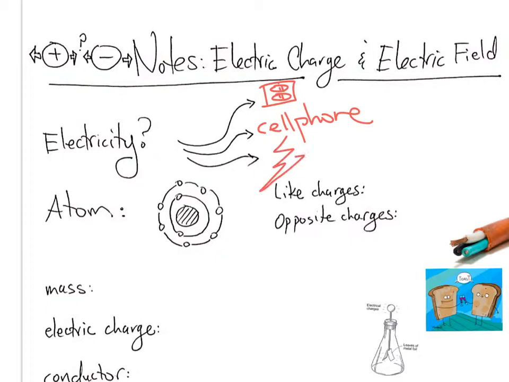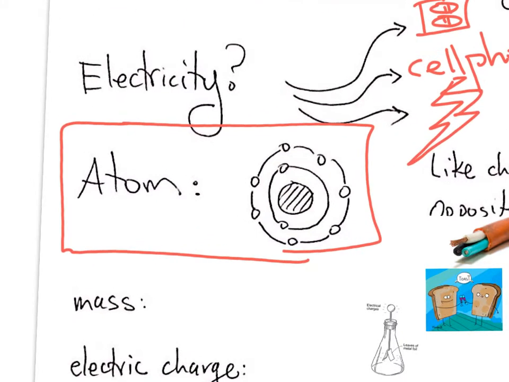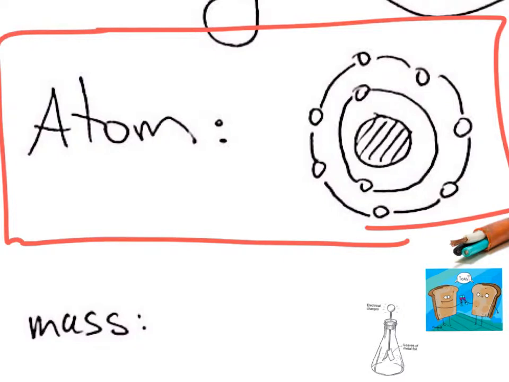You've seen lightning, so that's some form of electricity, and it's kind of all related to what you learned in chemistry, which is when we're talking about the atom. So in the atom, you know that we have a nucleus, and the nucleus has neutrons and protons.